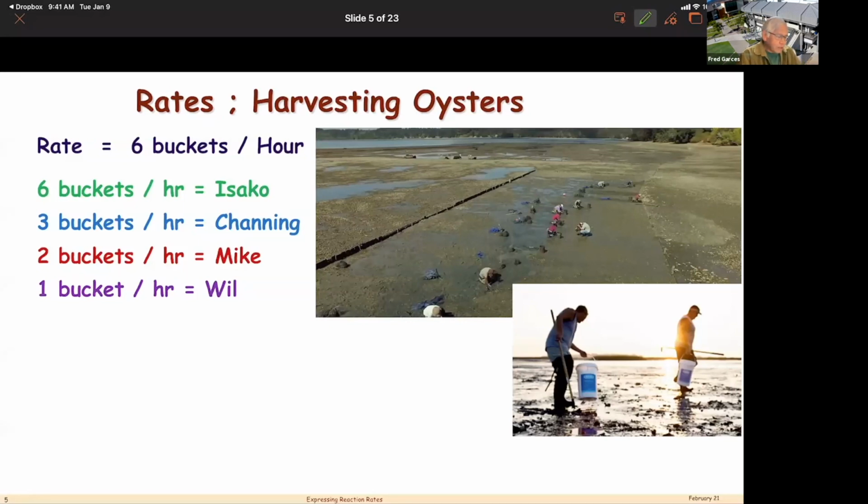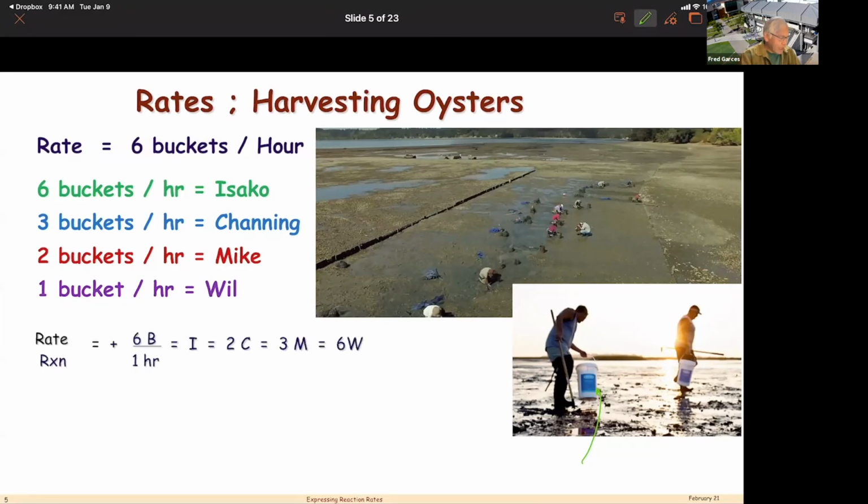Okay, so what you see here are the rate by which someone is collecting oysters, and it's based on these buckets that you see right here, and the individual speed of each of the workers in this group. And so what I want to show you is how you normalize the rate so that what you have is a correlation or maybe an equation that relates everyone to each other.